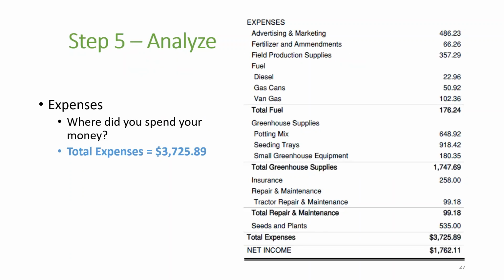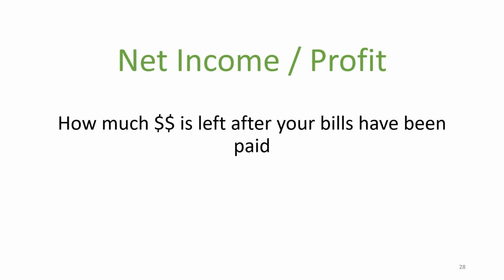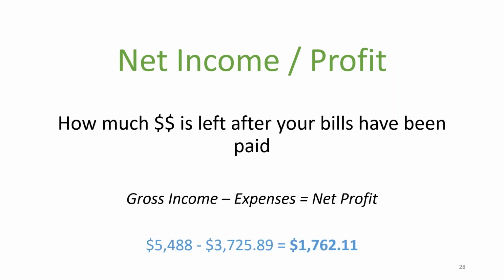And at the bottom right, oh, I apologize, I thought there was going to be an error there. At the bottom right, you can see total expenses, and then below that is the net income. So the net income and profit is how much money is left over after you have paid all of your bills. It's the gross income from that income side minus the expenses, and that equals your net profit.